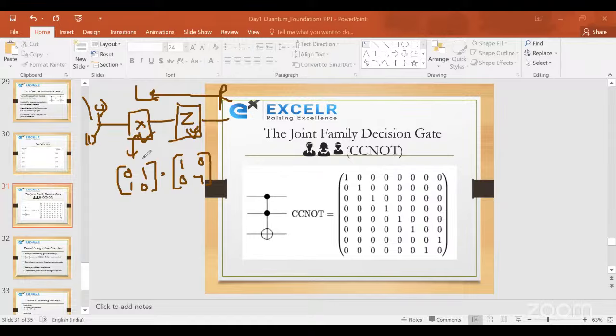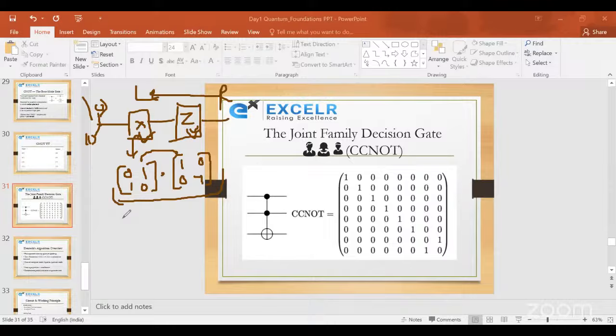So it depends on the sequence, whether you take right to left or left to right. If normally a student does it like this, it will be wrong. So we have to follow right to left.